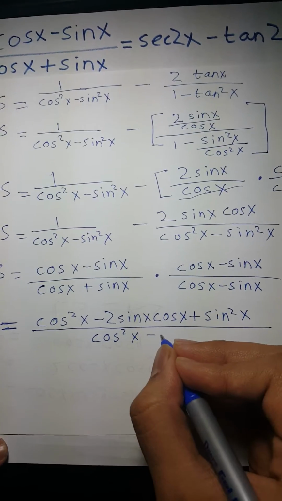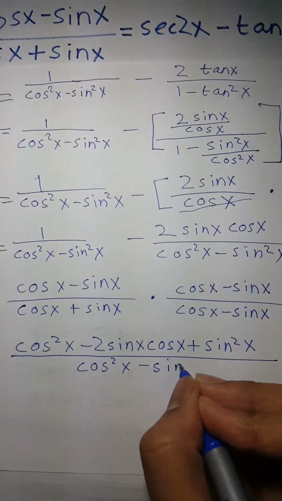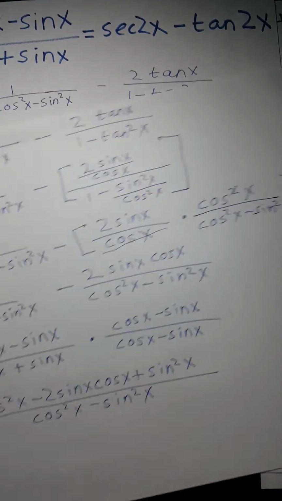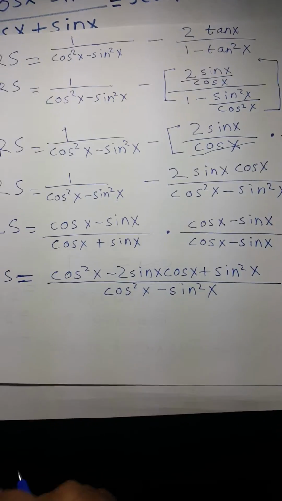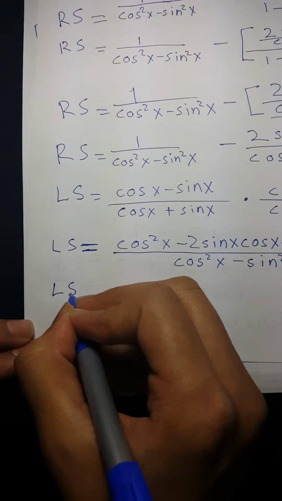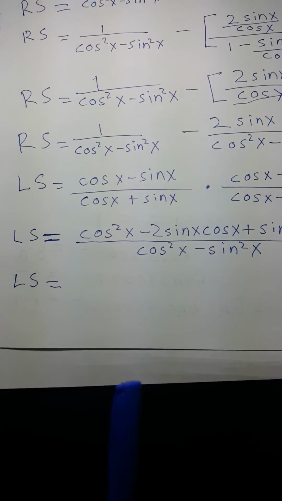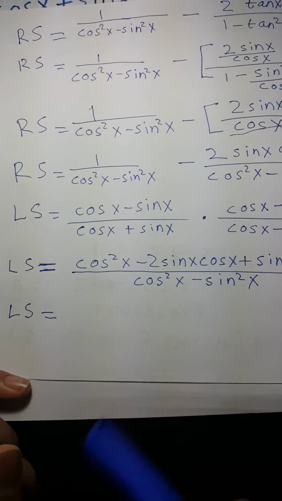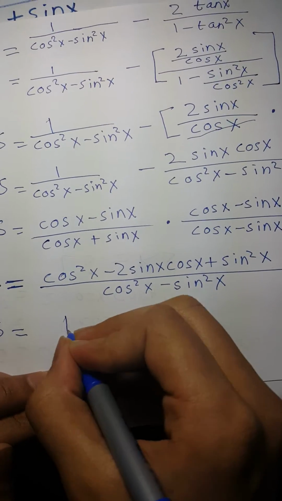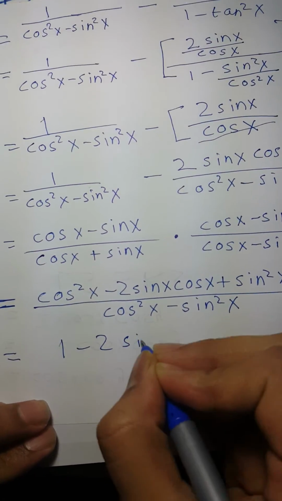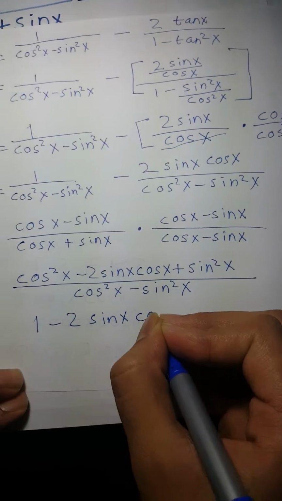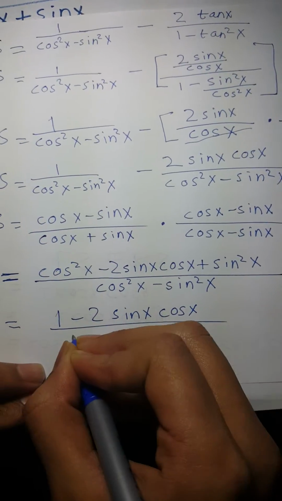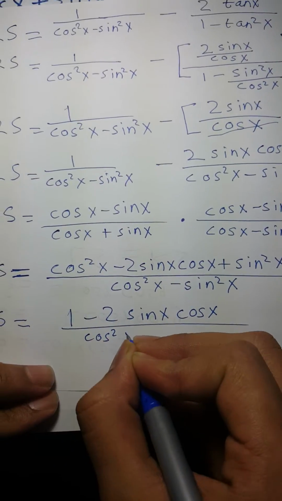The sines cancel out, so you get negative sin squared x. Now, it's close, but it does not equal the same thing just yet. We notice one more step, which is that cos squared plus sin squared equals 1. Minus 2 sin x cos x over the same denominator.